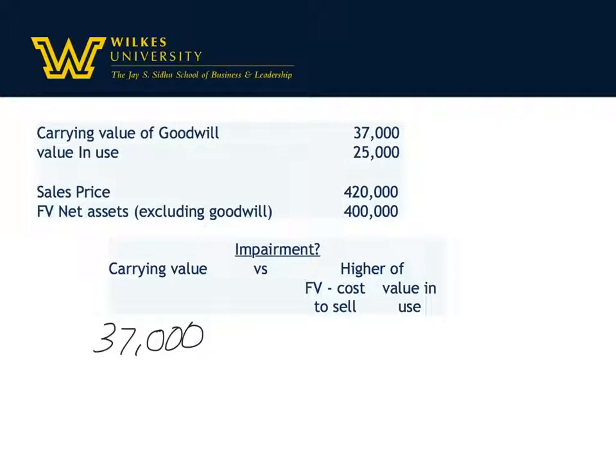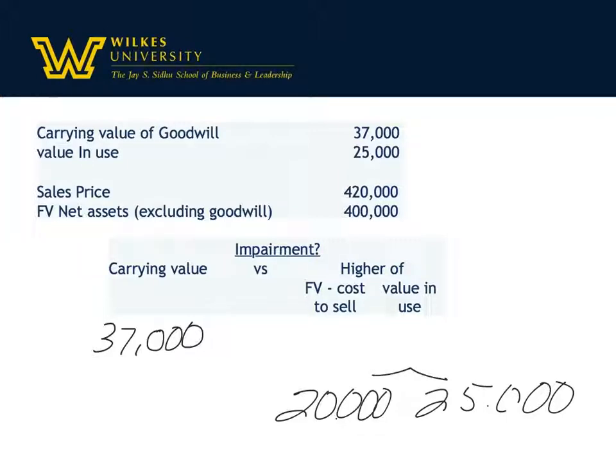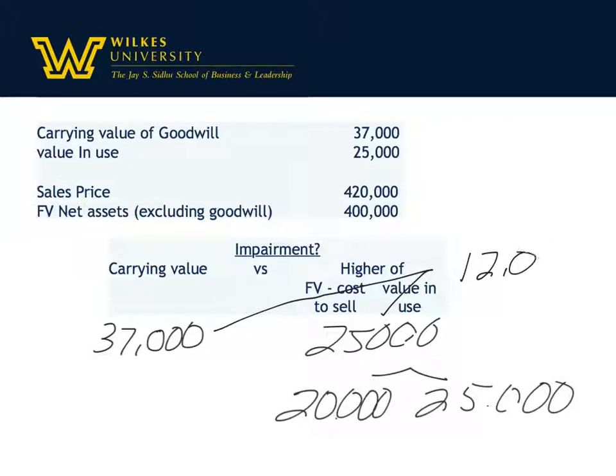If we were to sell at $420,000 minus the $400,000 net assets, let's just assume any cost to sell are already included there, the fair value of goodwill is $20,000, but our value in use is $25,000. The higher of these two is $25,000. The impairment is the difference between these two, and we find that goodwill is impaired by $12,000.